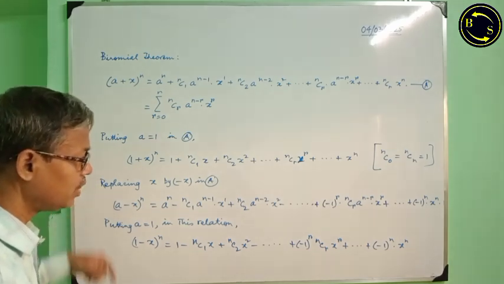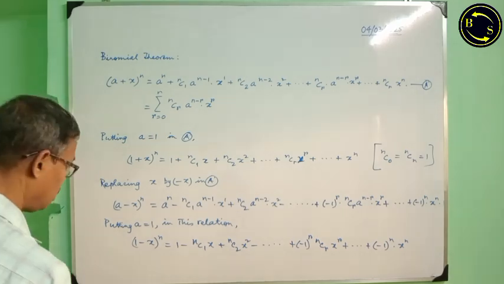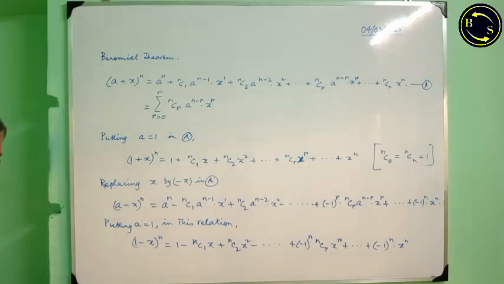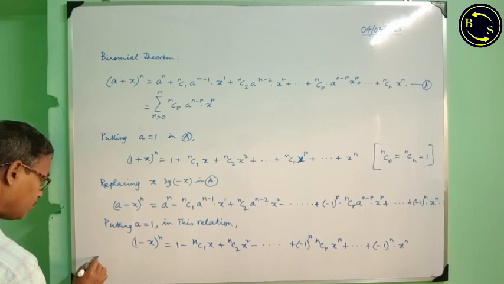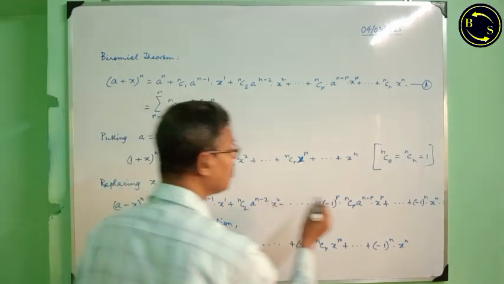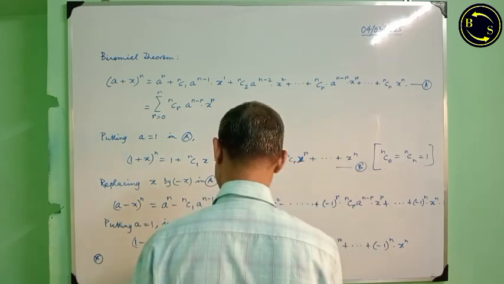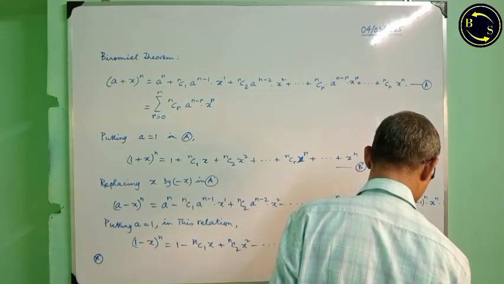These are the deductions. I call this one as B and this one as C.